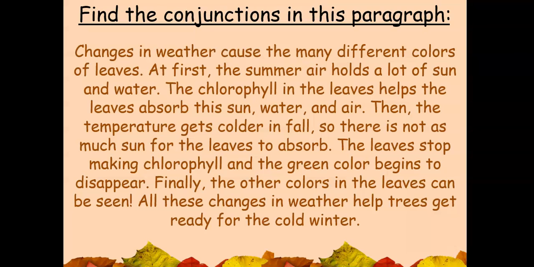So if you were thinking of this one right here, yes, you are right, boys and girls. Then the temperature gets colder in fall, so there is not as much sun for the leaves. So is a conjunction. If you were thinking of that one, awesome job.